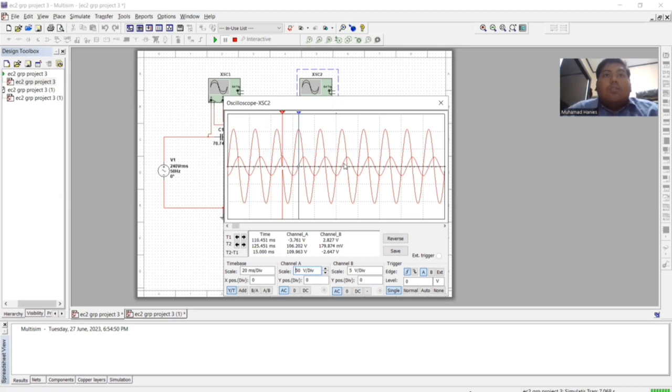For impedance of inductor, we get 106.202 voltage V peak, and 2.827 current on the channel B with 15 millisecond time delay. So we can see the value that we get from a simulation, 106.202, is quite similar with our calculation.